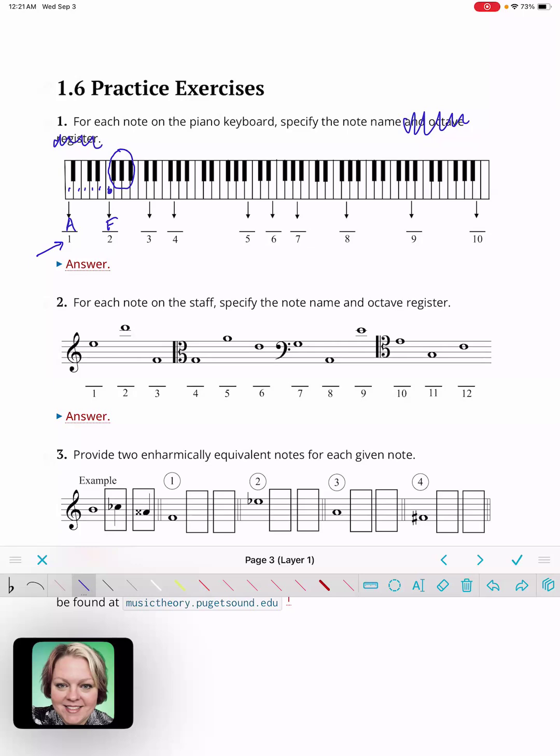One of the other methods that I gave you last week was the Oreo method.